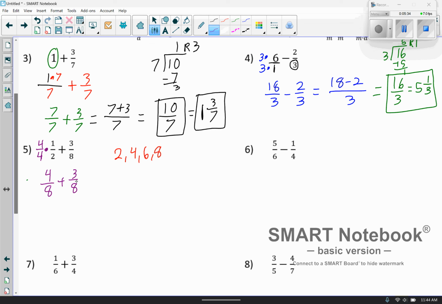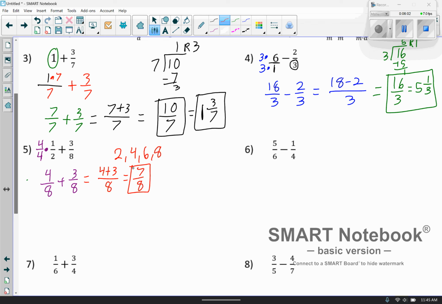And so what we can see is that 1/2 is equivalent to 4/8. And now we'll go ahead and add the numerators. Oops, got to put that out of order. Not that it would make a difference, but fix that. And then let's see, 4 plus 3 is 7, 7 over 8. There we are.